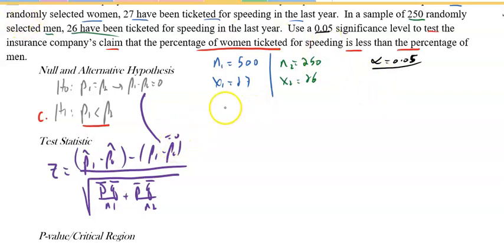Well, P1 hat, that is 27 over 500. P2 hat, that's 26 over 250.